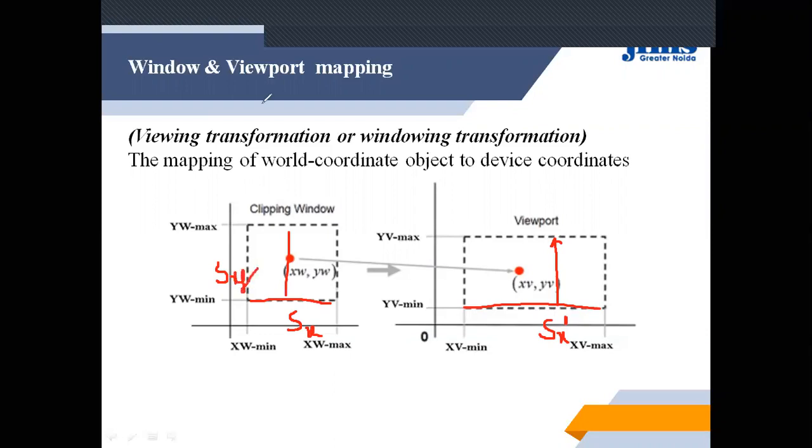So we will try to find out the scaling factors, sx and sy, that are to be performed corresponding to the x axis and y axis. So our first step will be to find out the scaling.